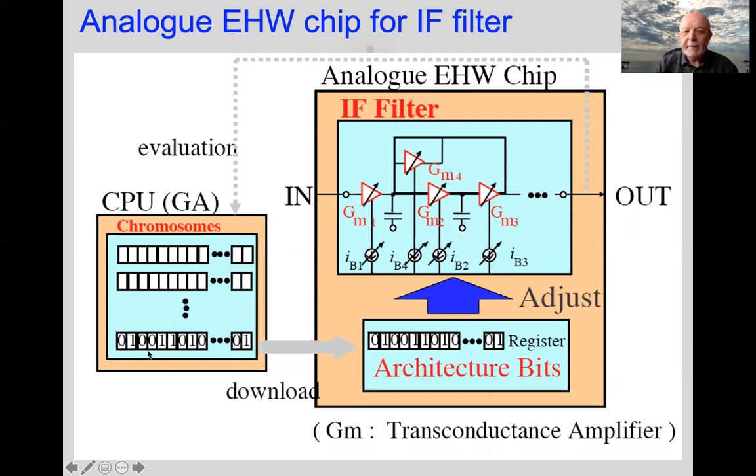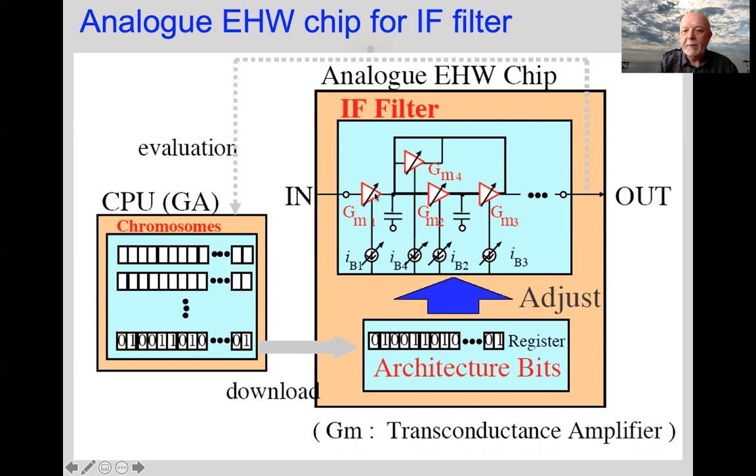Additionally on chip they've got a small CPU which is running a GA, with a series of chromosomes, doing the usual evolutionary system. So it's by changing the characteristics of these transconductance amplifiers through this bit stream, evolved using the GA. That was the sequence of activities.